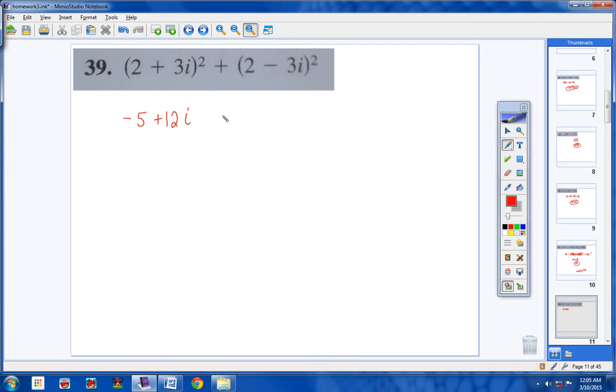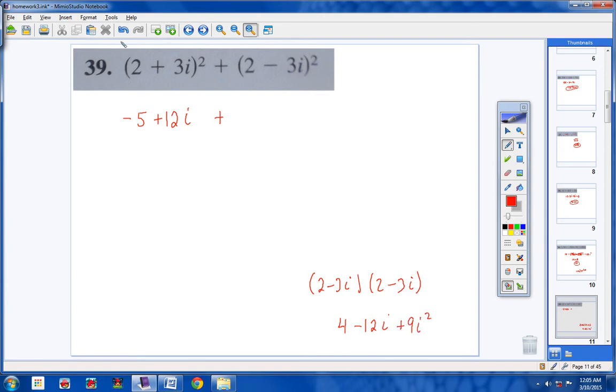Now, bring down a positive sign. And now, let's go ahead and take 2 minus 3I and square it. So 2 minus 3I times 2 minus 3I. And here we go. 2 times 2 is 4. And of course, you'd have a negative 12I. And then a positive 9I squared. Alright?